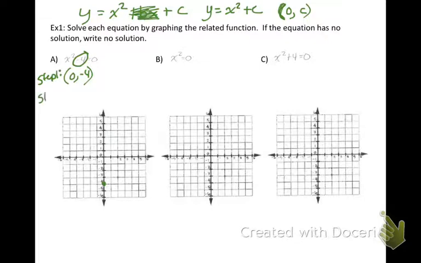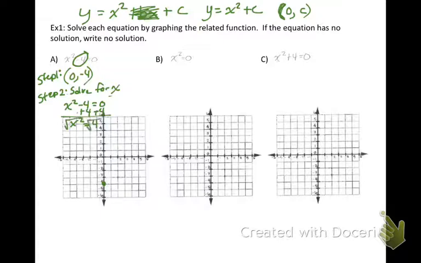Step 2, get x by itself, or solve for x. That's a better way of saying it. Solve for x. So I have x squared minus 4 equals 0. So I'm going to add 4 to both sides. x squared equals 4. Now I needed to solve for x, so I need to get rid of the square.